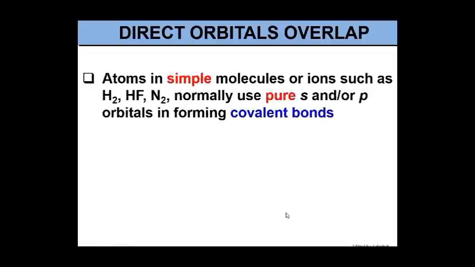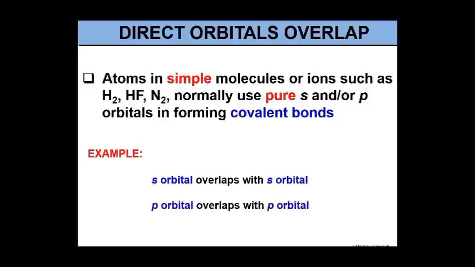In direct orbital overlap, atoms in simple molecules or ions such as hydrogen gas, hydrogen fluoride, and nitrogen gas normally use pure s orbitals and/or pure p orbitals in forming covalent bonds. For example, s orbital will overlap with s orbital, p orbital with p orbital, and s orbital with p orbital.